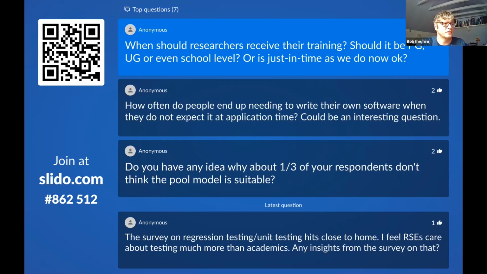Our experience has been that it's really good to do a lot of it at the beginning of a PhD. But we have begun doing some stuff at undergraduate level as well. But yeah, it's a really good question. I think perhaps just in time, or just a little bit after time, is not the best approach.